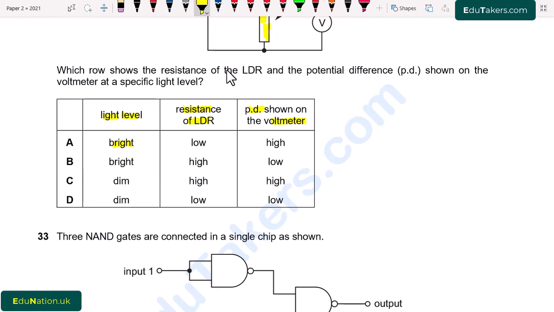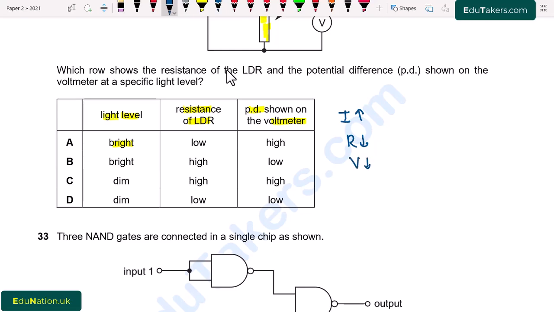Bright. When the light falls on the LDR, then the amount of current will be larger. It means that more current is passing through the LDR. As a result, the resistance decreases. When the resistance decreases, potential difference also decreases.